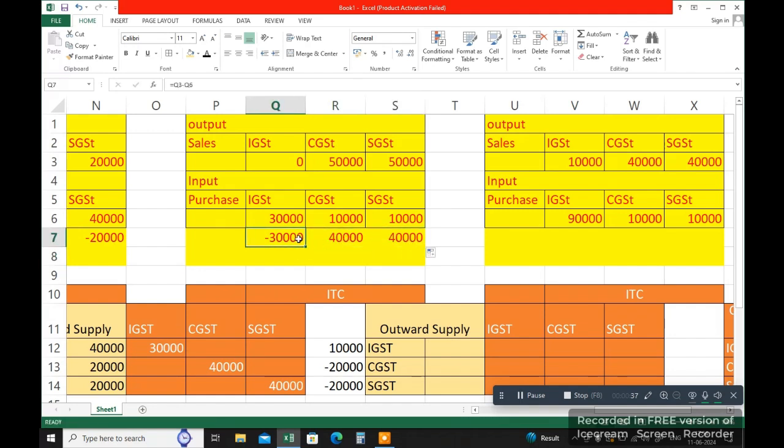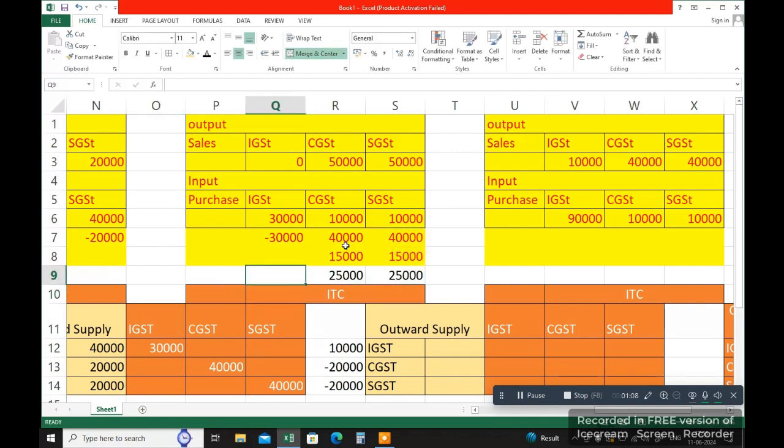In this case, remember, only in case the IGST is negative and the CGST, SGST is positive, you have to utilize this IGST value in CGST and SGST. You can utilize 50 and 50%. That is 15,000 here and 15,000 here. So how much GST is payable now? This 40,000 minus 15,000.